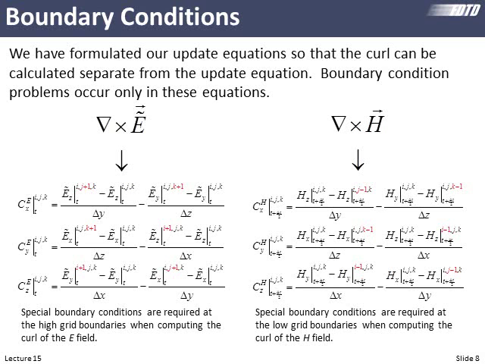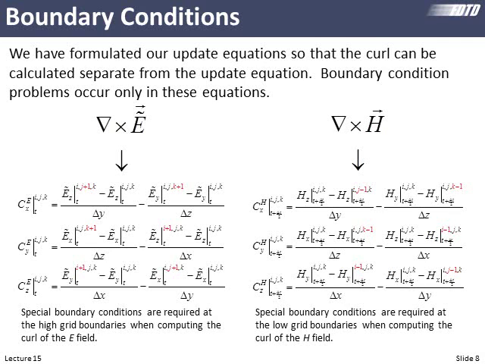Okay, so we have these curl operators in Maxwell's equations, and we isolated the curl calculations into these curl terms that we're calling C. Now we also know from a previous lecture that our boundary conditions are isolated to these curl calculations and not in the other updates or integrations that we have to do. And why is that?